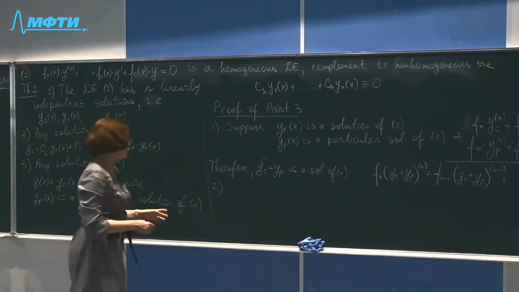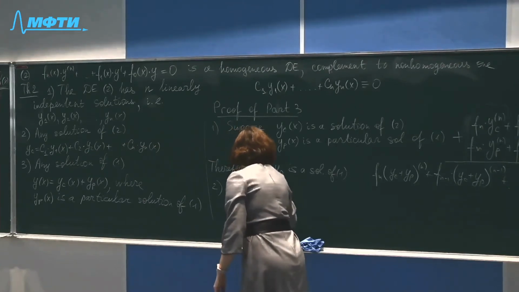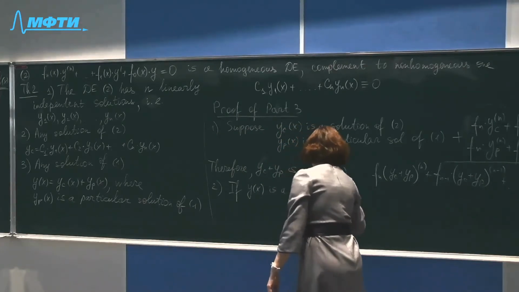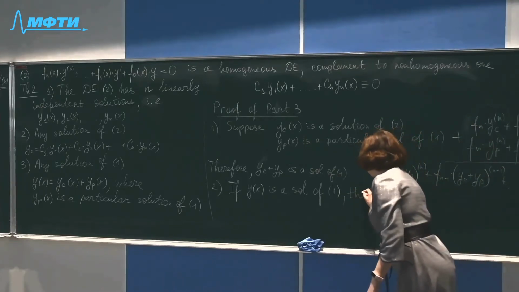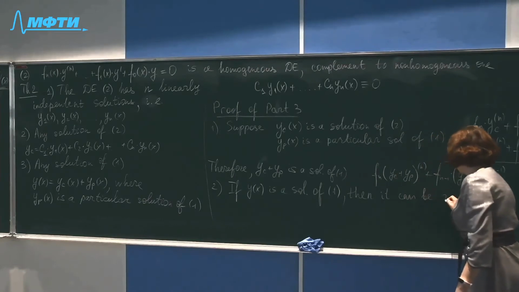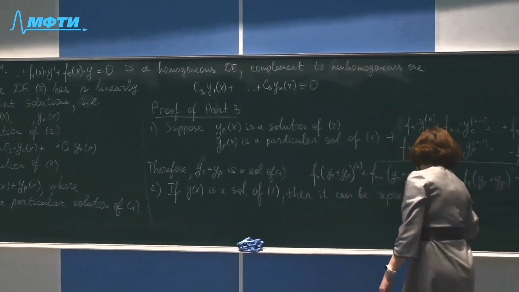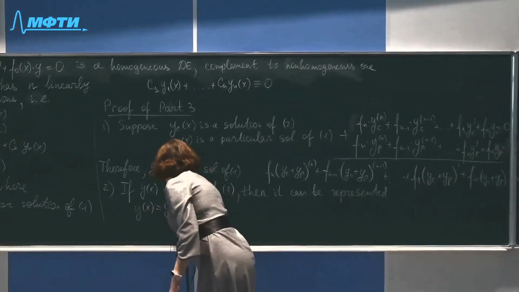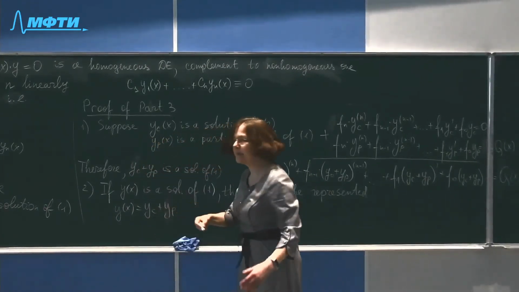Then I want to show that if y of x is a solution of 1, then it can be represented in the form yc plus yp, where yp is the given solution.